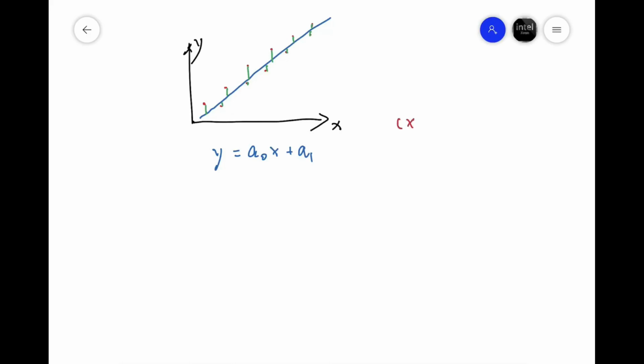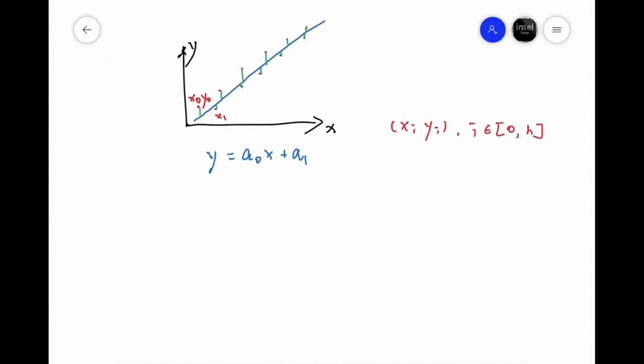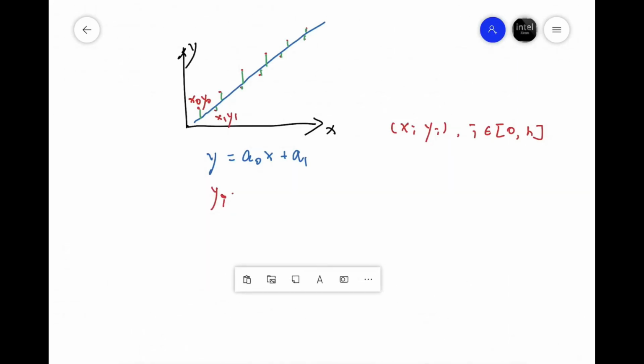So we will name our sample points xi, yi, where i ranges from 0 to n. So we assume we have n plus 1 points. For example, this guy will be x0, y0, and this guy will be x1, y1. So if we plug any of these points into the equation, we have yi equals a0 xi plus a1.